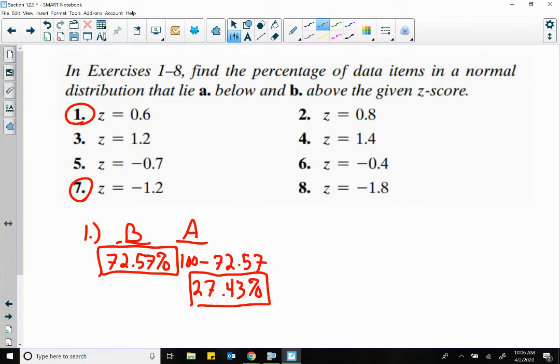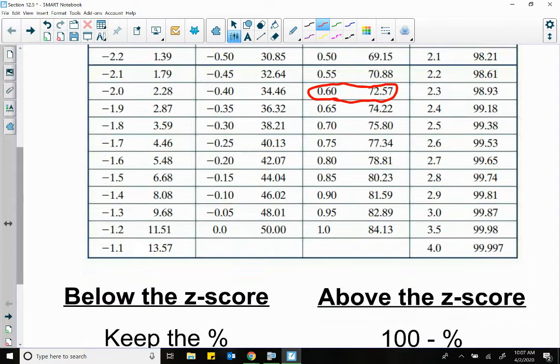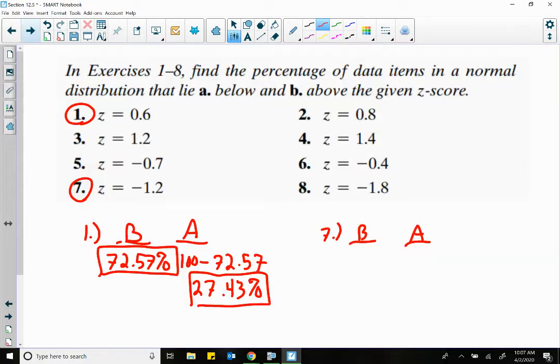Let's take a look at number 7 again. Now that I've fixed my mistake with the above part, we're going to go to our table and find negative 1.2. I'm going to have to scroll down. There's negative 1.2. Now we know the percentage that is below: 11.51.